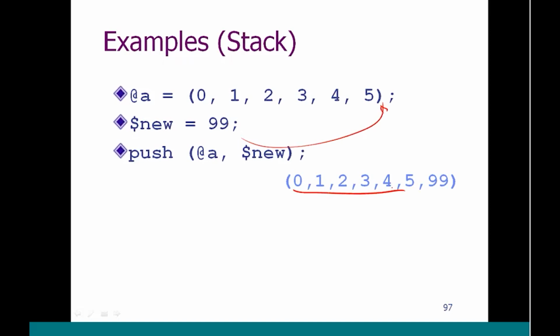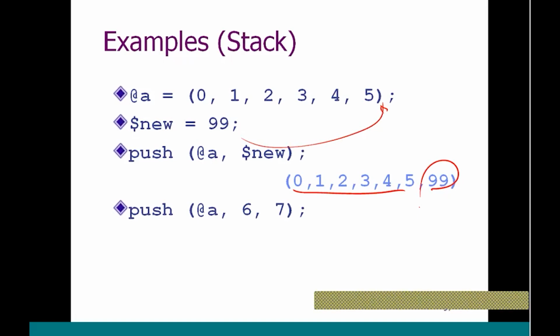So 0 1 2 3 4 5 with 99 at the end. Now if you push two values, 6 and 7, then when we pushed 6 and 7, it became 6 and 7.